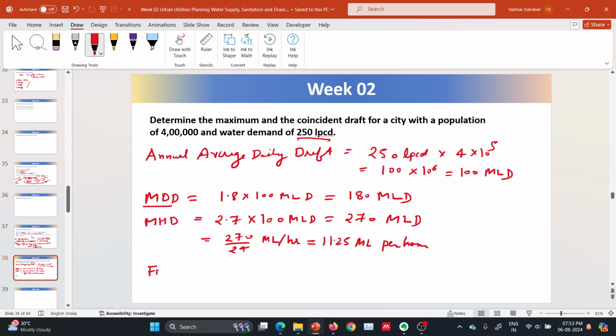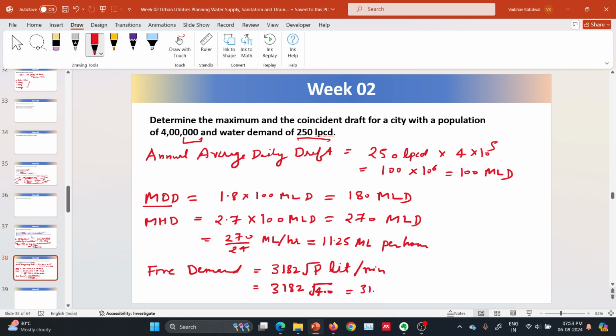Now we'll calculate fire demand. We can use this formula, the Kuichling formula, 3182 under root P, where population is in thousands and the unit will be liters per minute. Where population is 4 lakhs, so we'll read it in thousands, it will be 400.